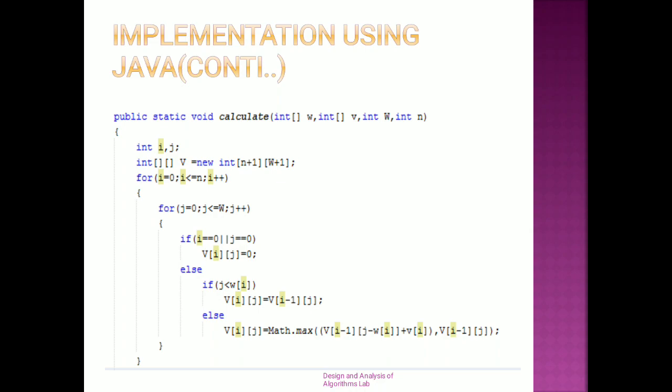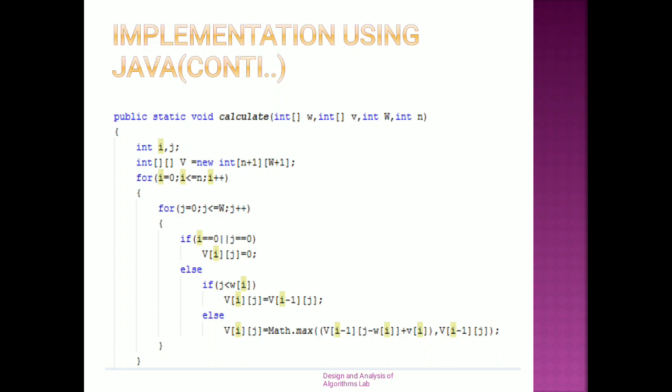J minus w of i less than 0 means j is less than w of i. In that case, we consider the previous row value only, which is V of i minus 1, j. So if j is less than w of i, V of i, j is equal to V of i minus 1, j. Else, we can include the item.